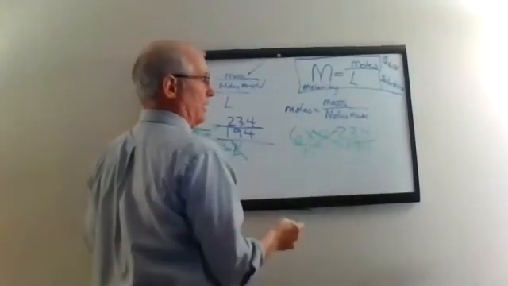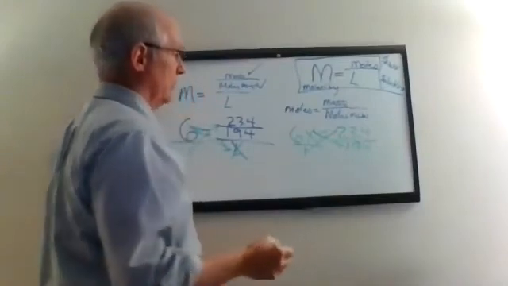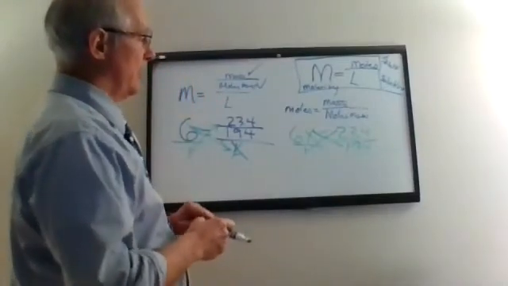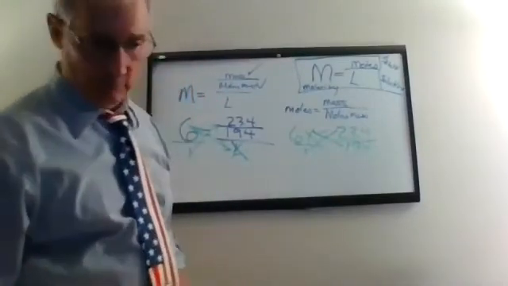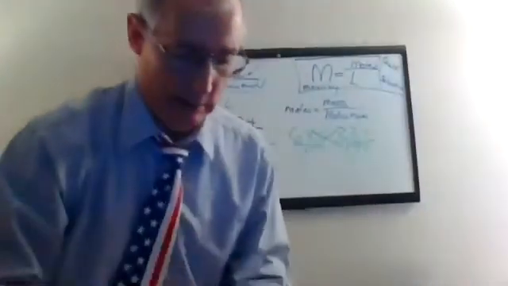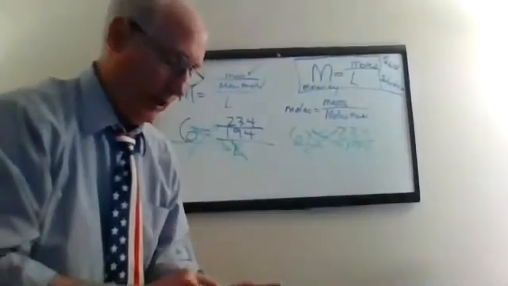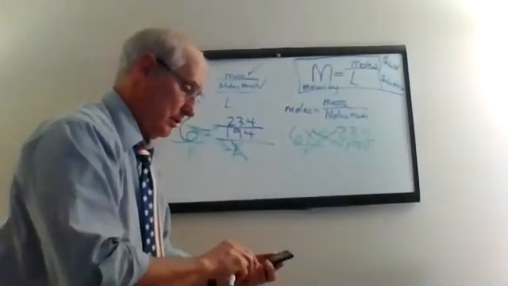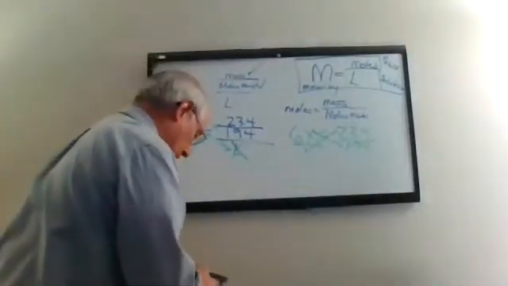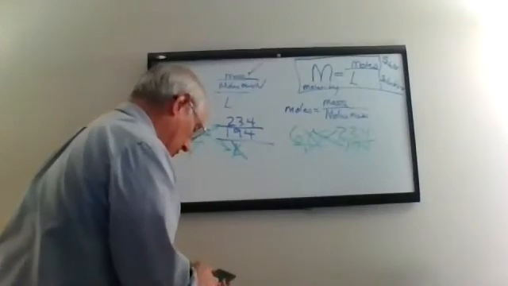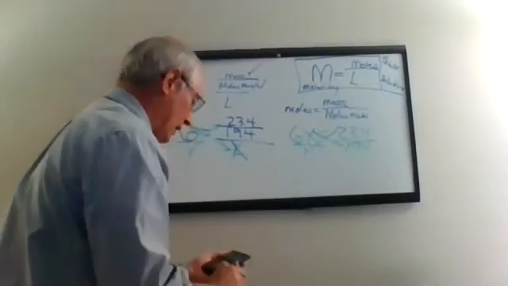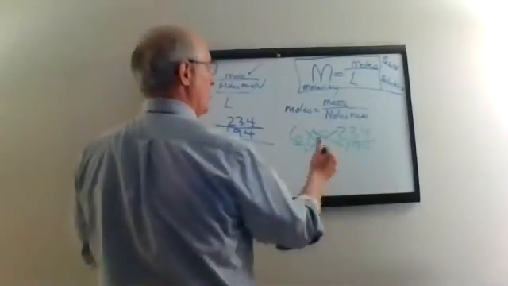6x times 194. What is 6 times 194? I got to get my little calculator here. Almost done. Hang in there. After this, you get to do some math. Isn't that great? 6 times 194. 1164.